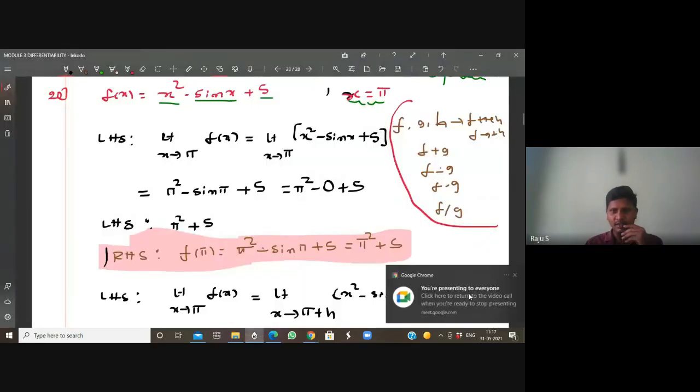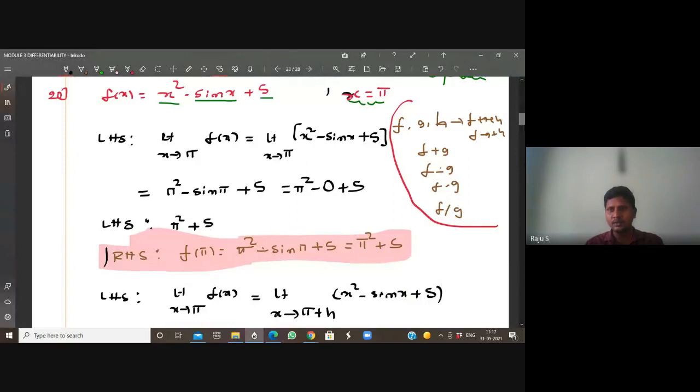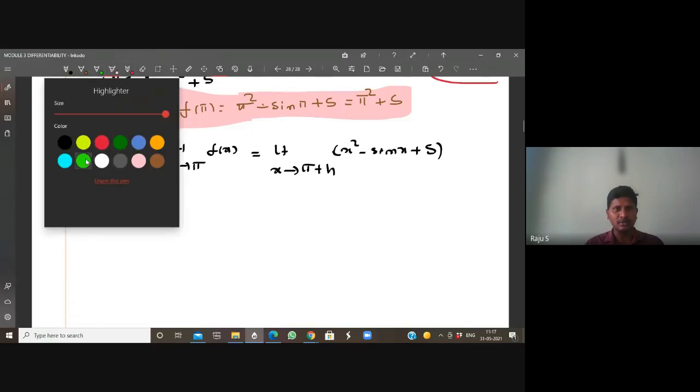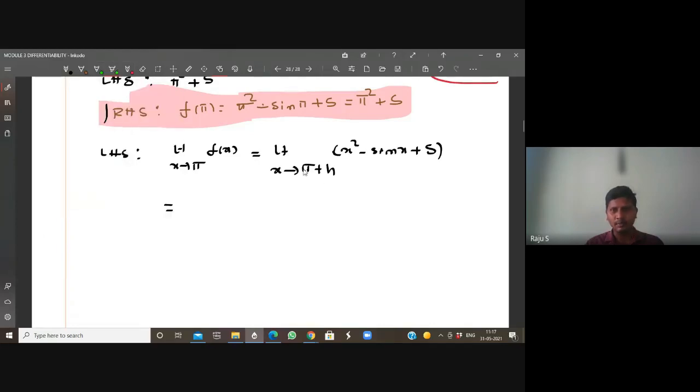You can convert it in terms of h. In class 11, we studied the first principle, how to convert. Simple. In place of x, substitute pi plus h. Then h tends to 0. When h is 0, x tends to pi only. The value cannot be changed.